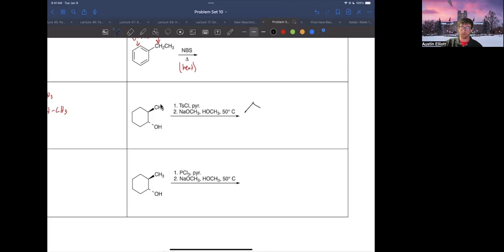So to start off, we know that TsCl and pyridine is going to basically just replace that alcohol, a little substitution reaction like that. Keep our methyl group up here. And then we'll add our hydrogens in because they're important.